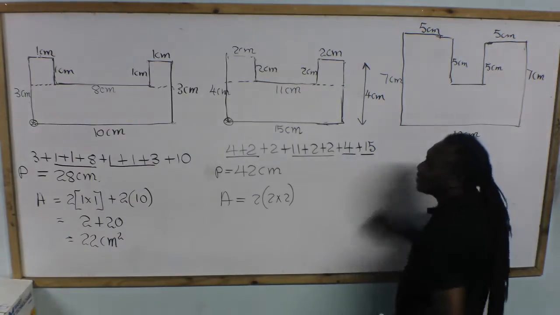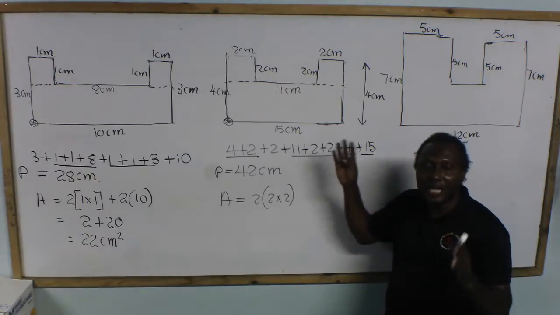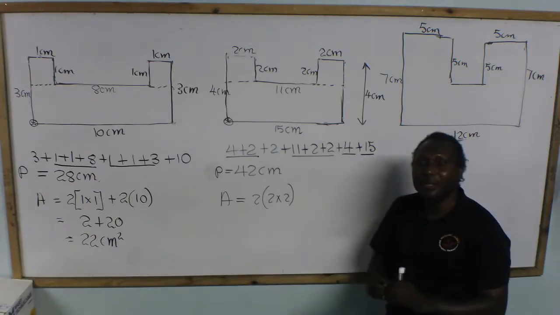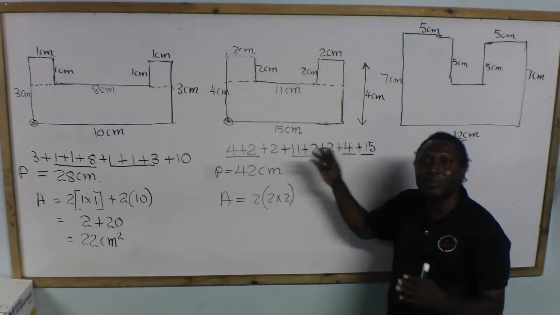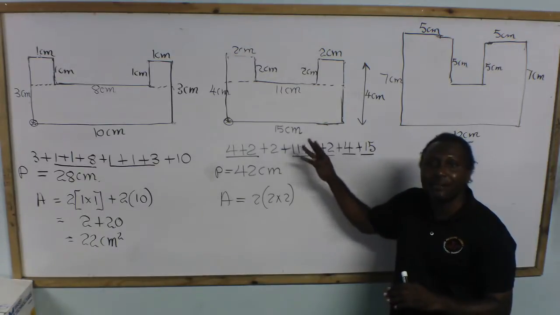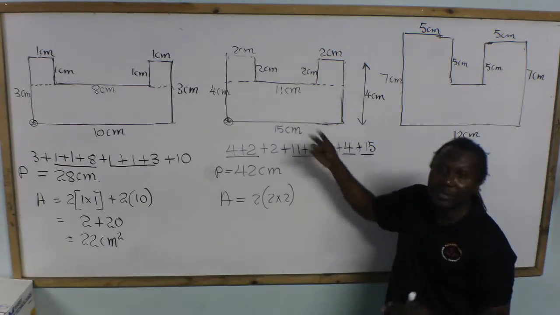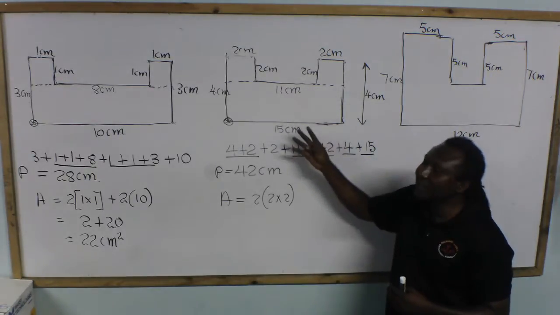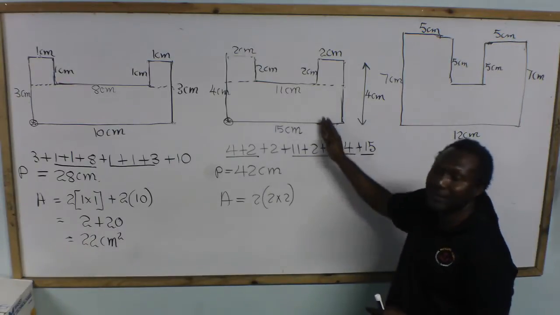From here to here is 2, therefore from here to here has to be 2. And by the way, the diagram is not drawn to scale. Therefore, the values might not appear to be proportionate inside of the figure. But we're going by the diagram that we have and the way that the calculations are correctly made.